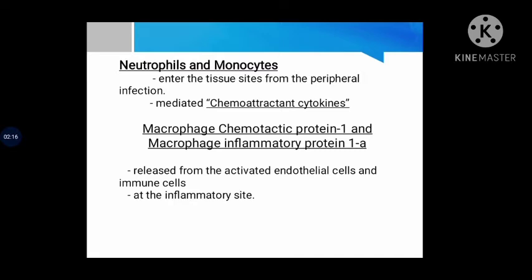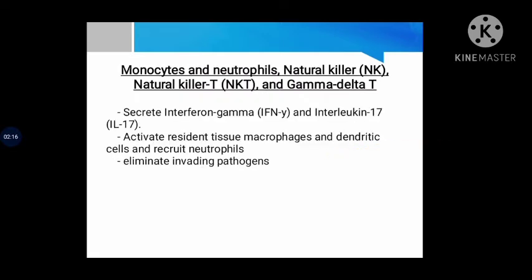In addition, monocytes and neutrophils, natural killer cells, natural killer T cells, and gamma delta T cells recruited to the inflammatory site contribute to the innate response by secreting interferon gamma and interleukin-17, which activate resident tissue macrophages and dendritic cells and recruit neutrophils, respectively, to successfully eliminate invading cells.